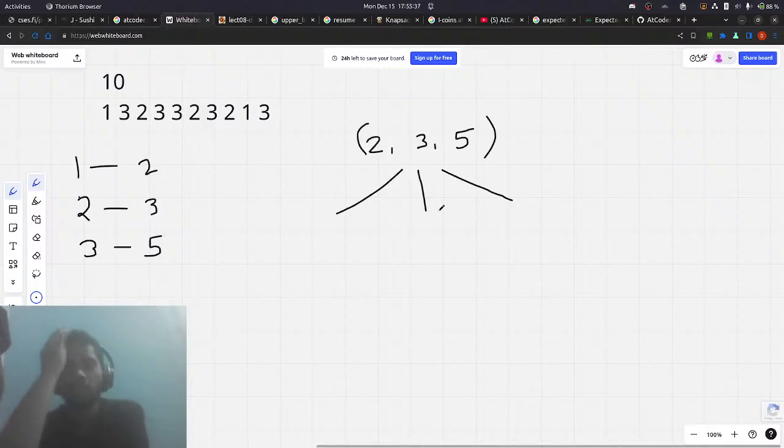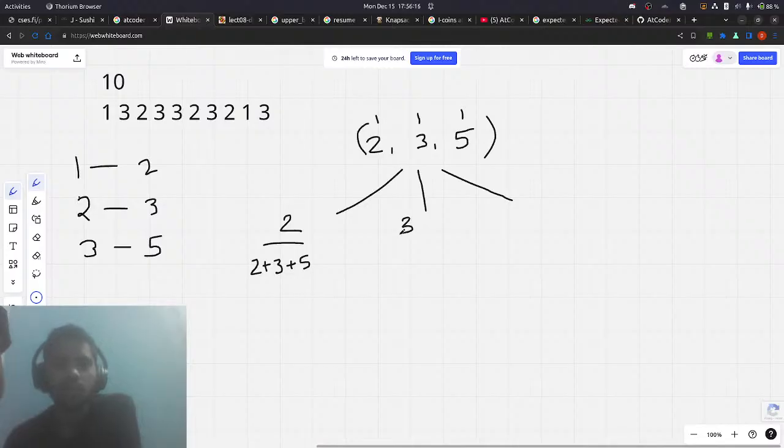So since it is equal probability, what is the probability of choosing a plate which has one sushi only? So it is nothing but 2 divided by 2 plus 3 plus 5, right?